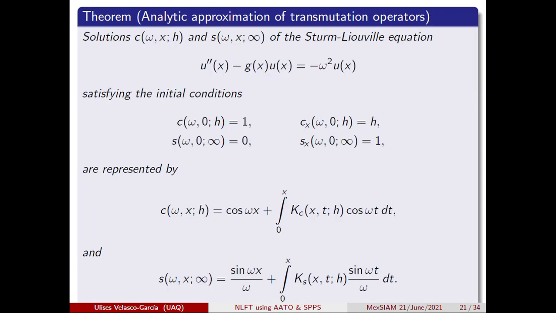So the solutions of this Sturm-Liouville equation satisfying these initial conditions are going to be represented by those solutions, C and S, where we know how to approximate the kernel of this integral representation.